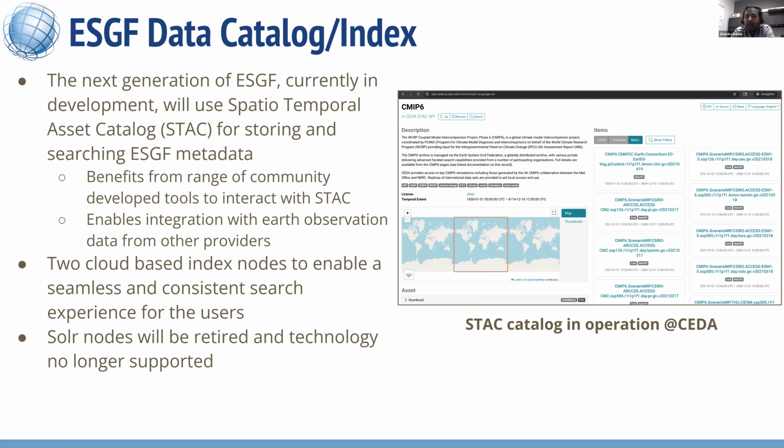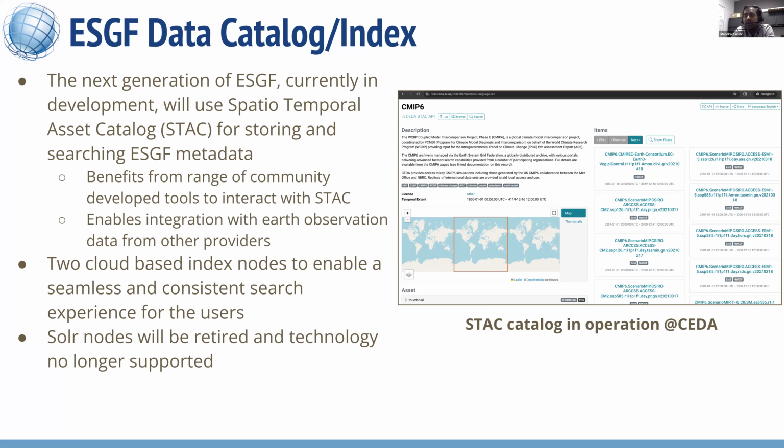Many of the data nodes across the world that are going to be deploying ESGF nodes are actually providing services for other data sets as well. And it enables some new features even for the end user that we think are going to be very useful. We are going to have two cloud-based indexes, which are going to be mirrored. And the benefit that we think these new indices will provide over the past technology with Solr is that every single time you should get exactly the same answer, because really it's just one copy.